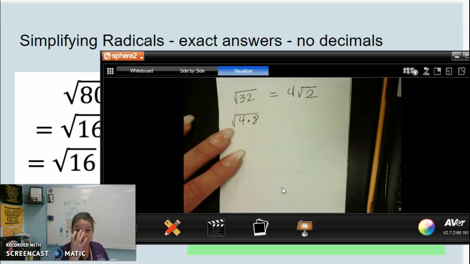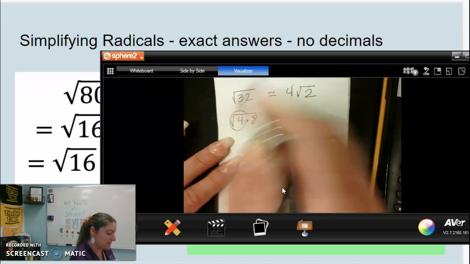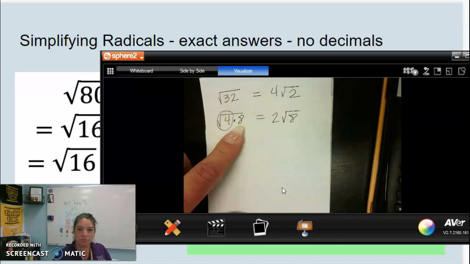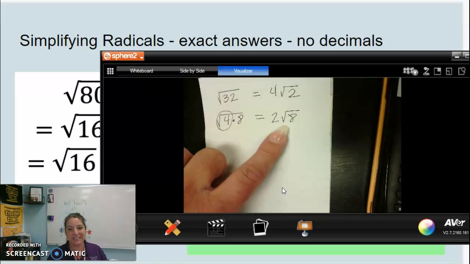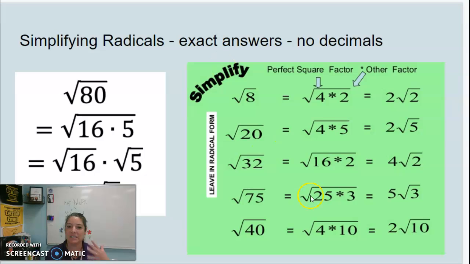So you can also do it that way, but check this out. The square root of 4 is 2, and then you're left with 2 times root 8, and that is not what this answer is up here. And so it can be a little challenging when you go to simplify these if you're going to be looking for perfect squares, okay?